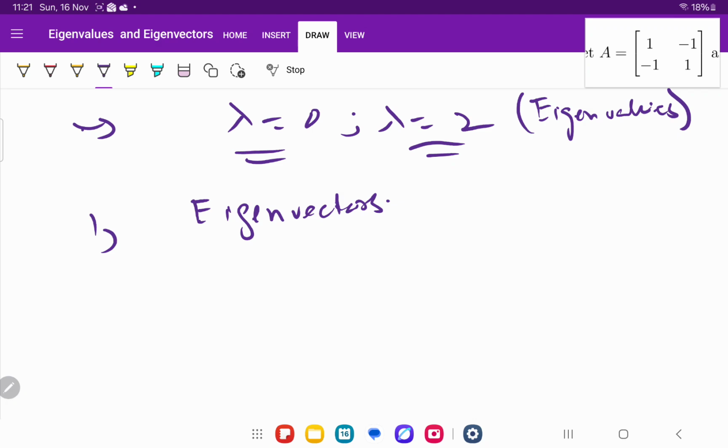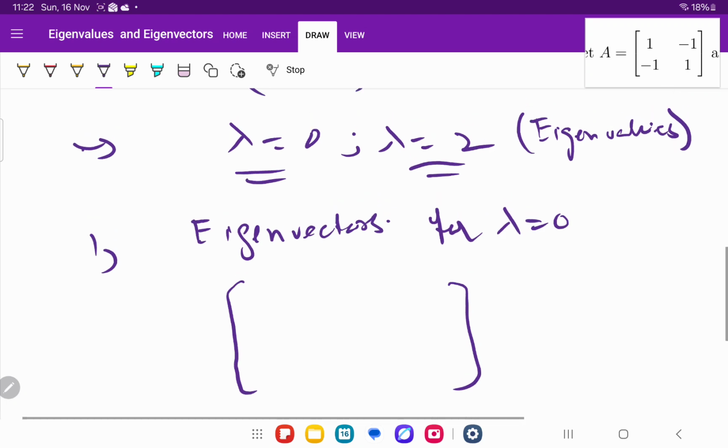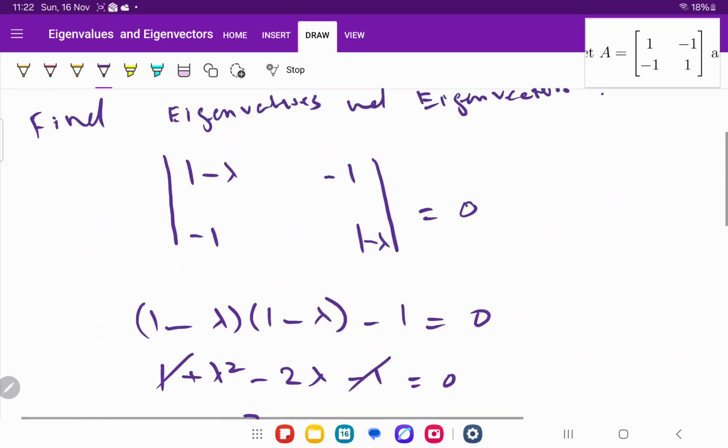Eigenvectors. So the eigenvector for lambda equal to 0, the first eigenvector. Again, whatever characteristic equation you have written in determinant form, now write that determinant in matrix form. You have to put the value of lambda wherever lambda is used in that characteristic equation.